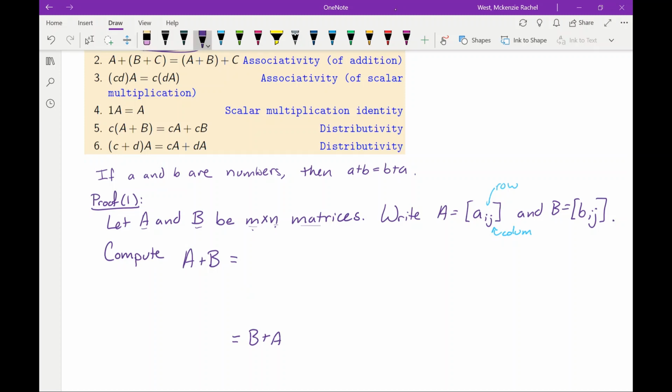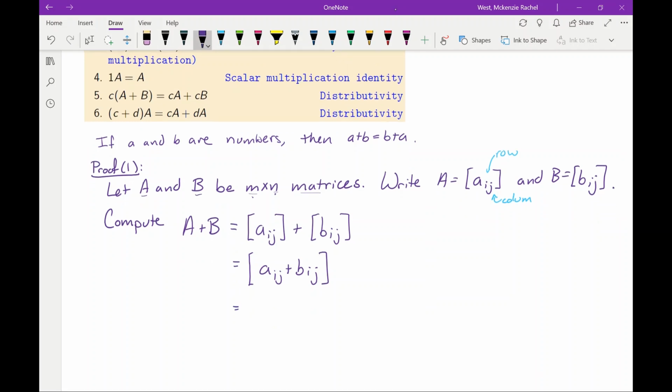So let's start with A plus B. Well, A is A sub ij, as we just set up, and B is B sub ij. Right? And the reason we did this is because we know matrix addition is defined in a way where adding two matrices is the matrix where each entry is the sum of those two. So let's erase this because we haven't gotten there yet.